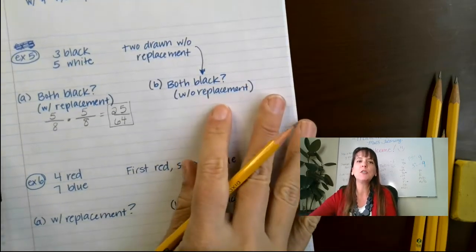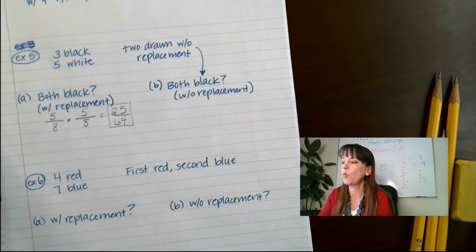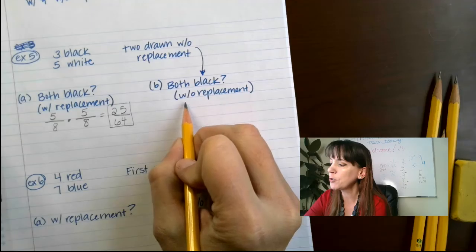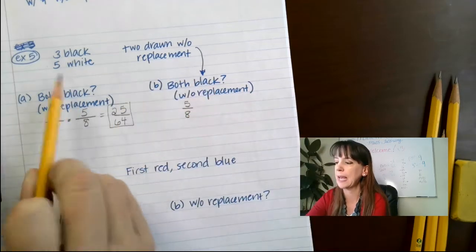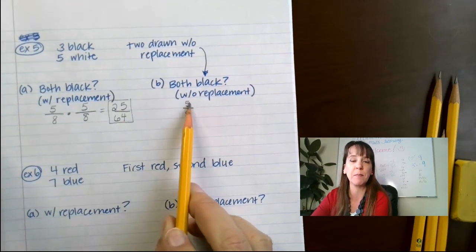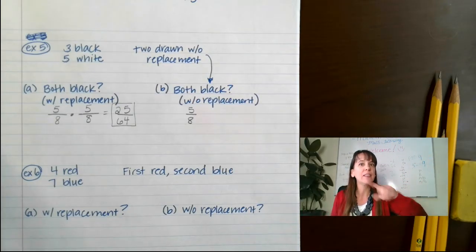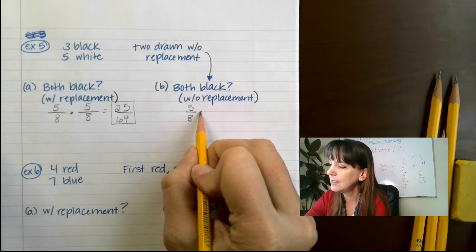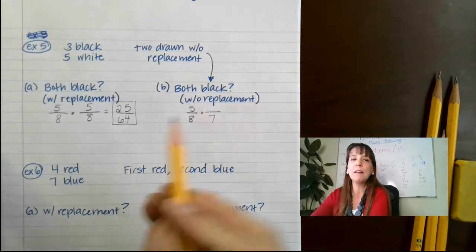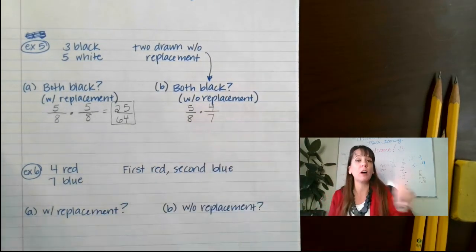Now, let's say we do this without replacement. In that first one, we have 5 out of 8 because there's 8 possible and 5 would make it black. Now, we take that black one out and we set it aside. There are now only 7 in the bag and only 4 of them are black because we set one off to the side.